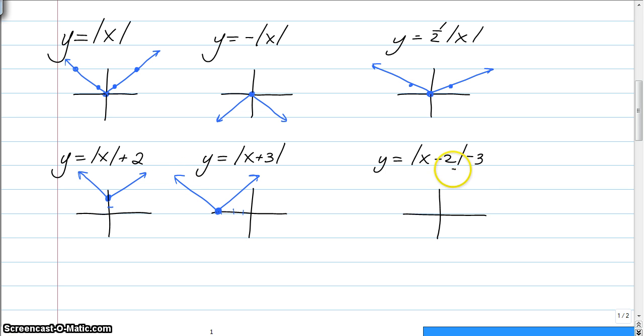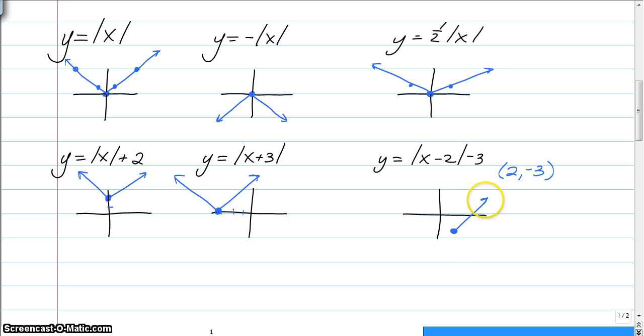Now, when you have multiple pieces, or even for any situation, when you have numbers inside or outside for your h or your k, I recommend writing the vertex. So the vertex of this is opposite of the inside, comma the outside. So it's going to be a positive 2, comma negative 3.